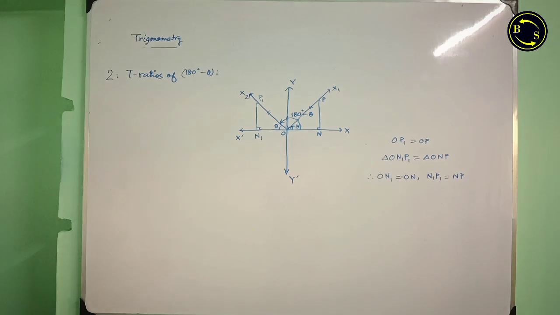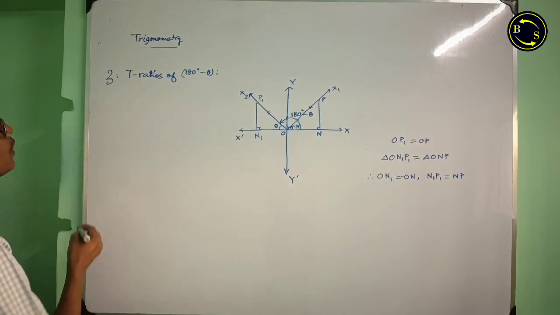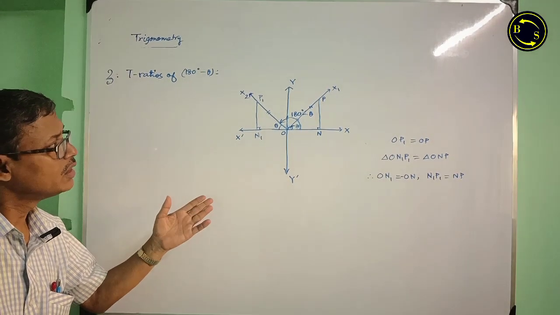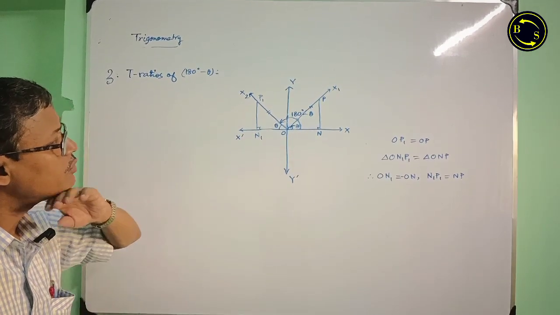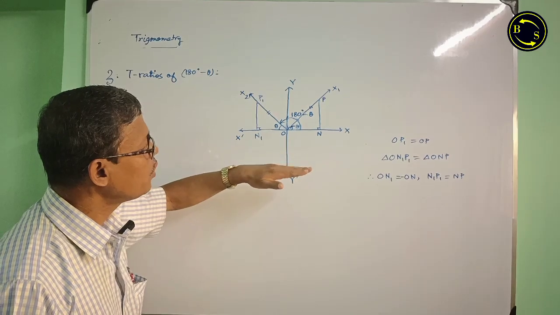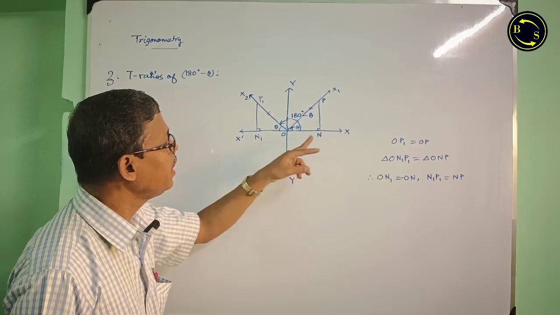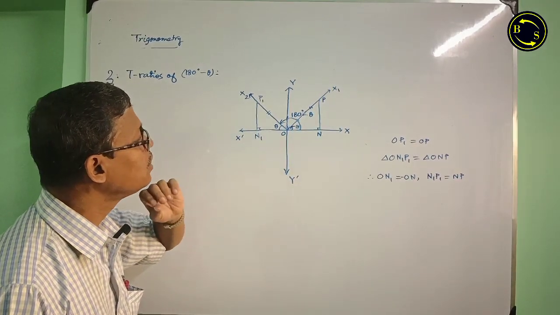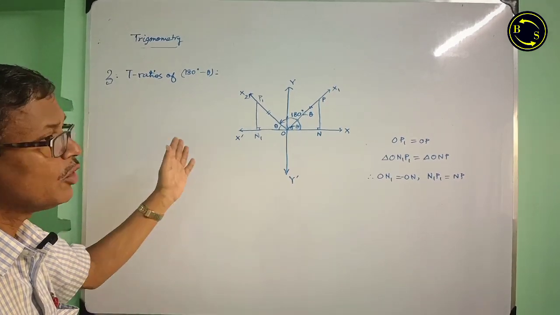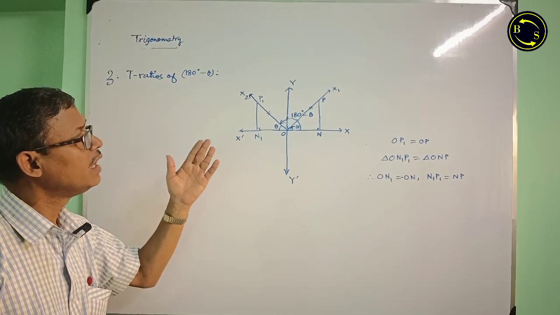Next, we move to find the trigonometrical ratios of 180 degree minus theta. For that, I have drawn the necessary diagrams. You see, OX1 is the next position of the revolving ray, so that angle XOX1 equals theta. Then the revolving ray rotates to the position OX dash, so that the angle formed will be 180 degree.